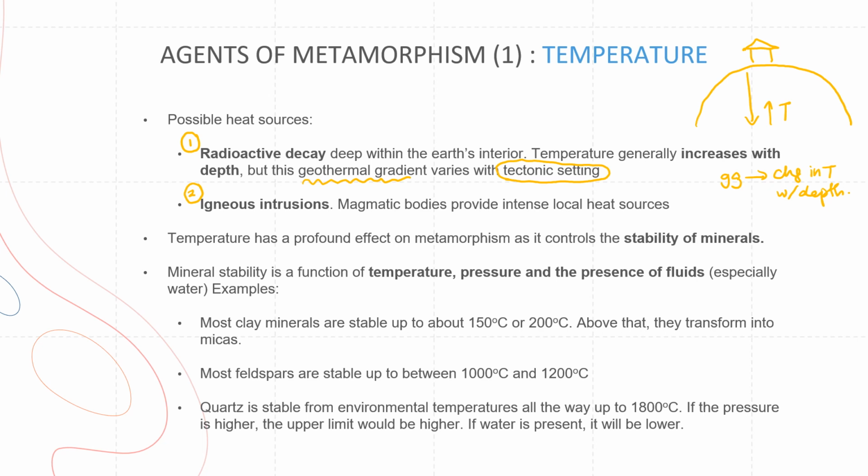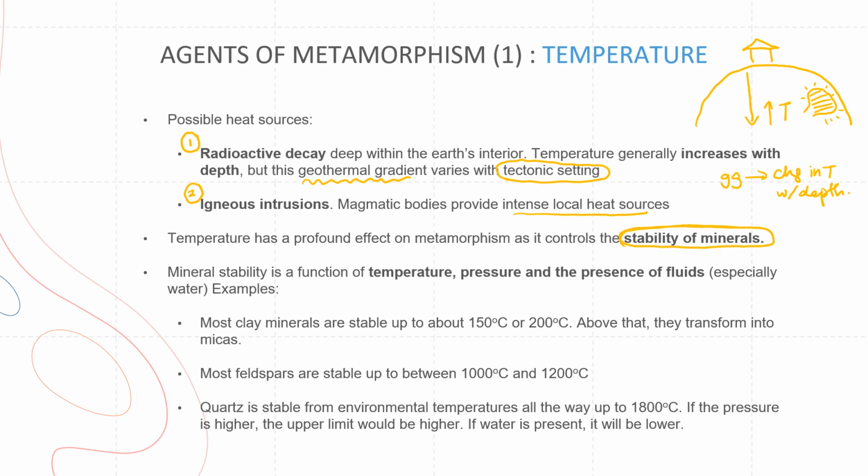The next one, igneous intrusions. So this is a bit more of a local heat source. So it heats up what is closest to it. These two provide intense heat sources. And temperature has a pretty profound effect on metamorphism because it controls the stability of minerals.